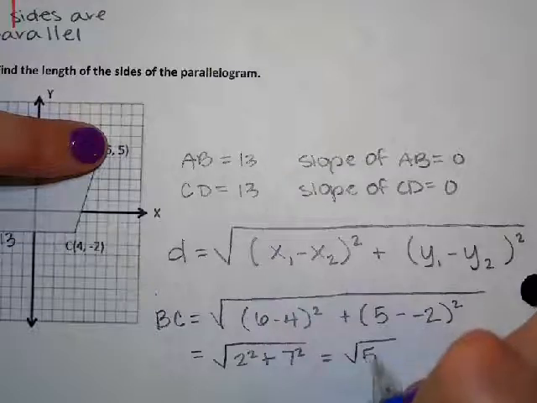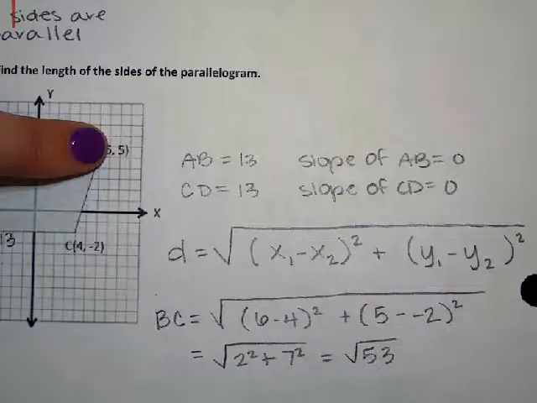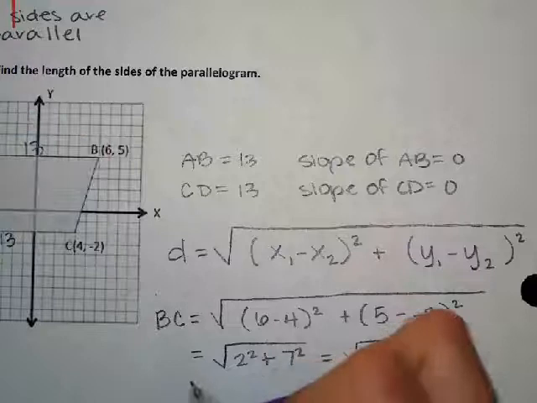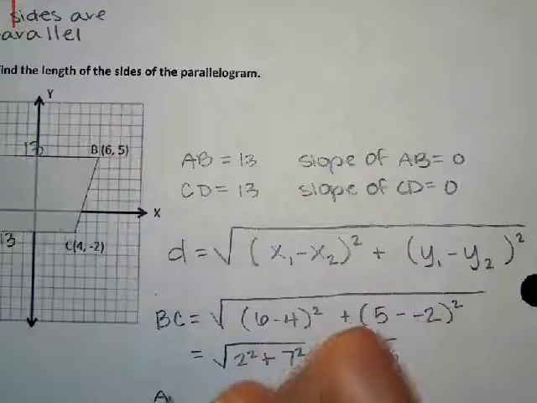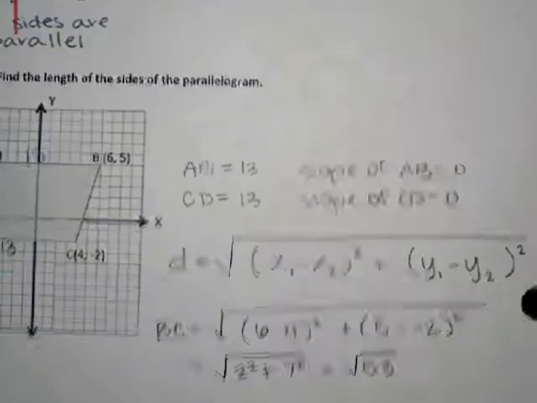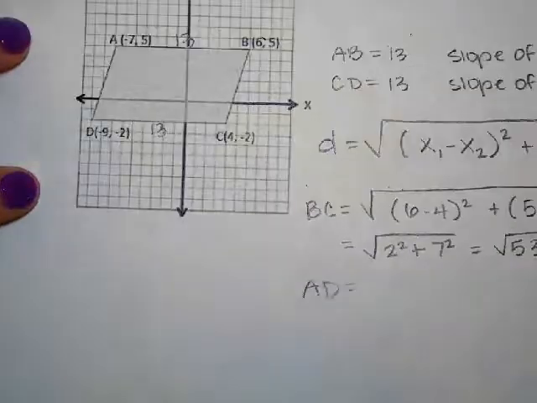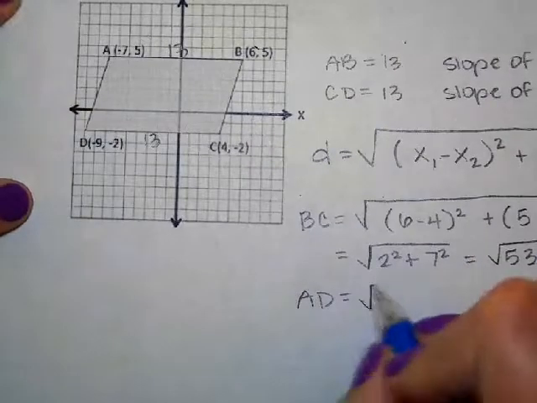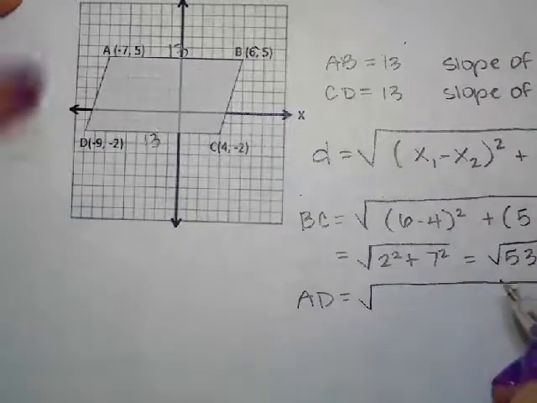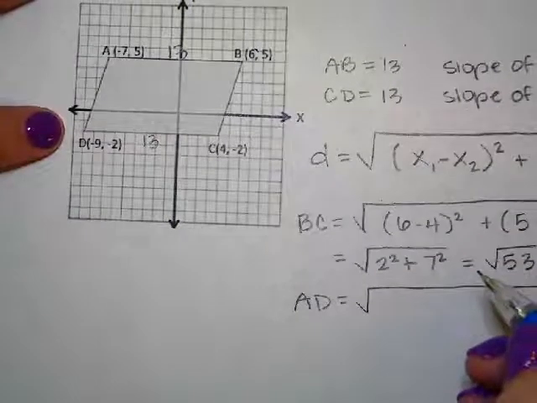All right, and then the next one we have from A to D. Do you guys want to do top minus bottom or bottom minus top? Doesn't matter as long as we're consistent. Top minus bottom.